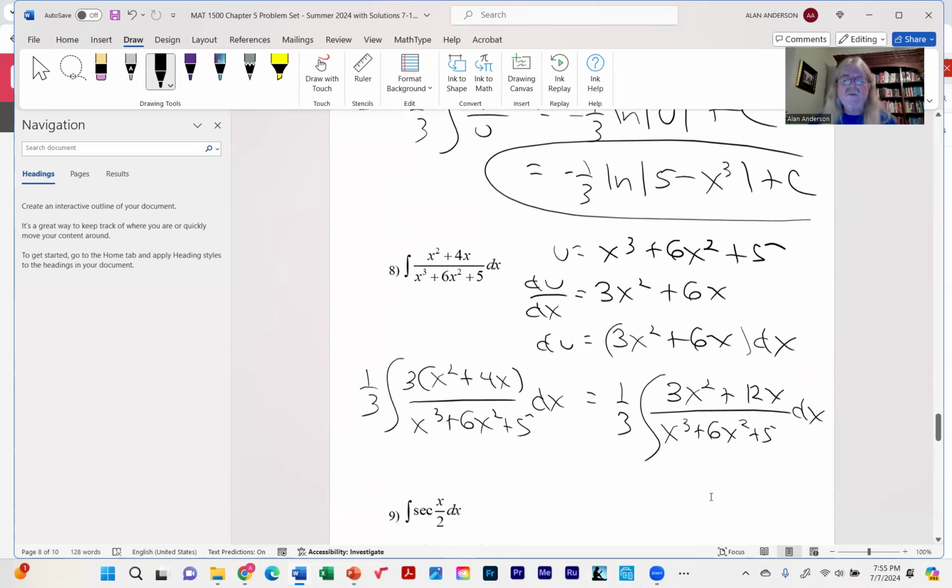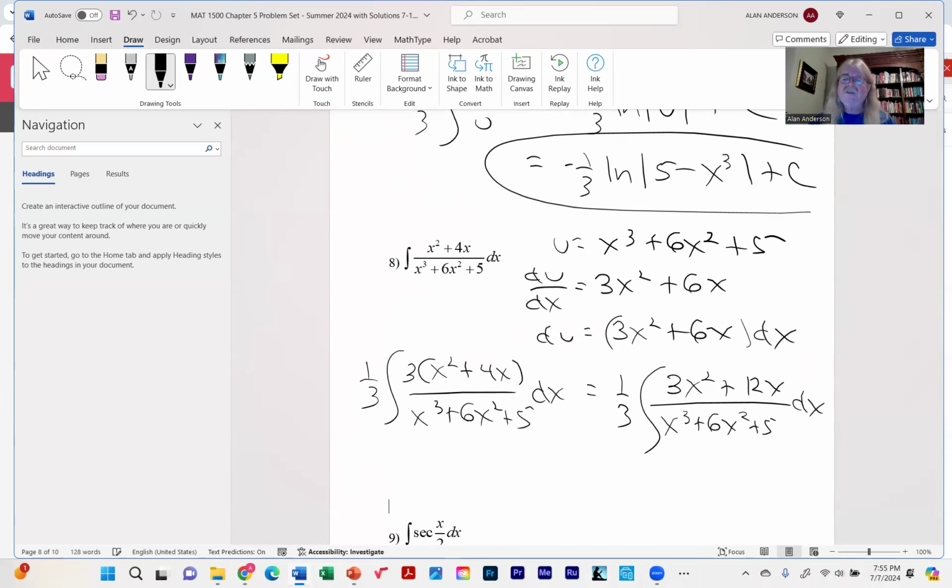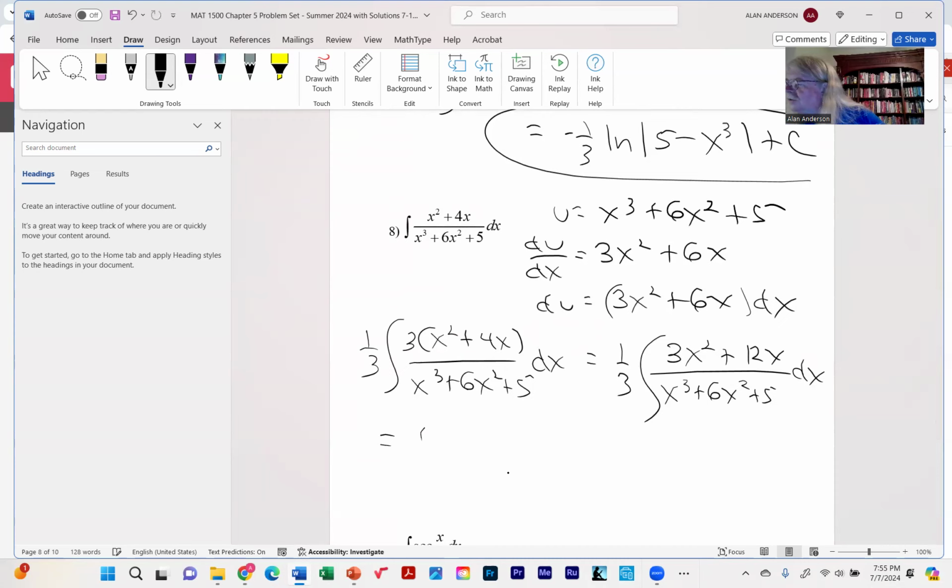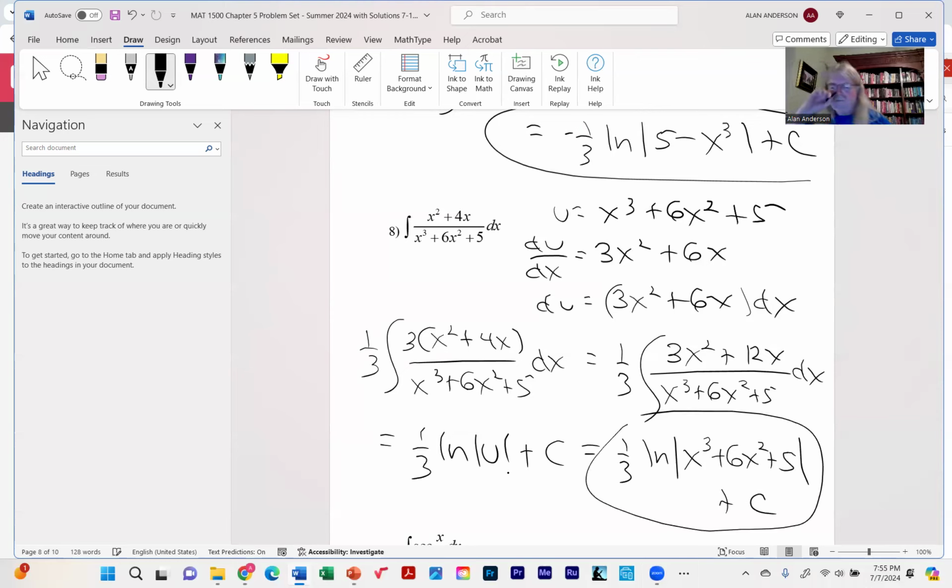So guess what that leaves us with? Our favorite result, 1/3, and we like this result because it's so simple. And there it is.